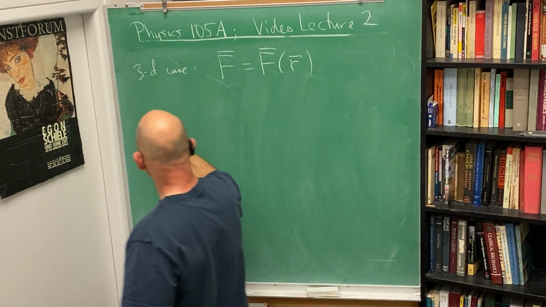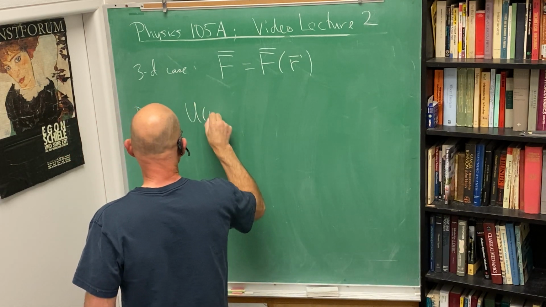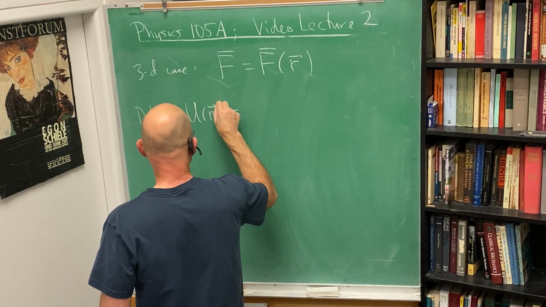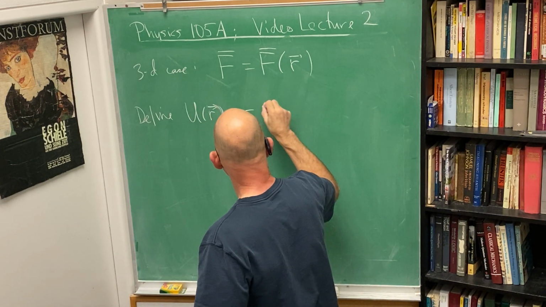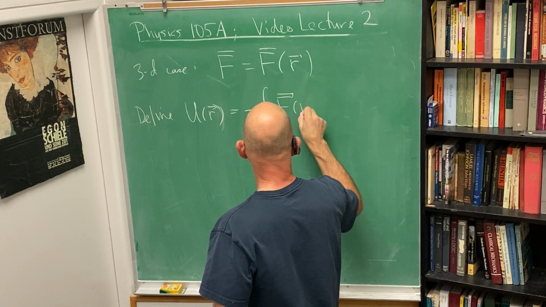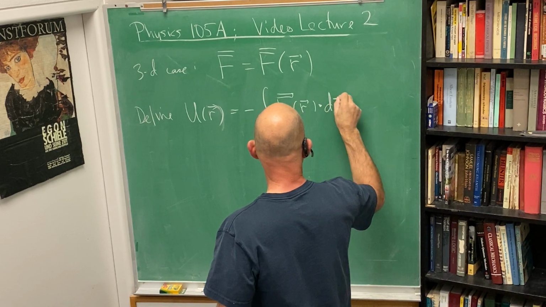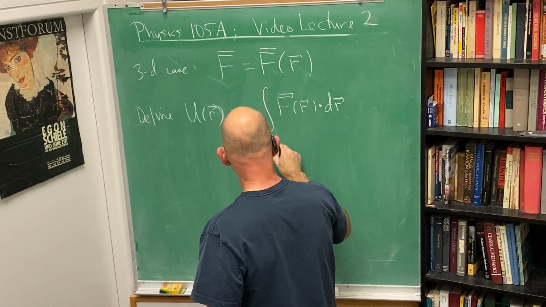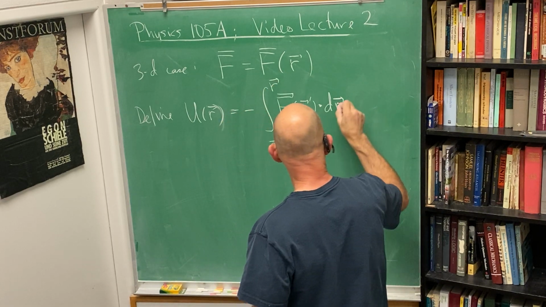So what we're going to do is define U of r, with vector position r, equals minus the integral of F of r' dotted into dr' from some constant point A to r up here, so these are primed.